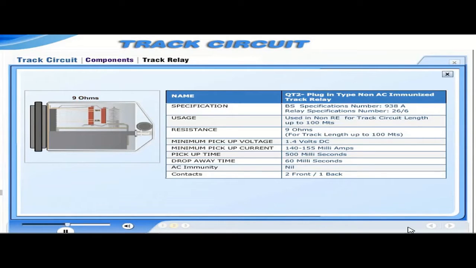Minimum pickup voltage is 1.4 volts DC. Minimum pickup current is 140 to 155 milliamperes. Pickup time is 500 milliseconds and drop away time is 60 milliseconds. AC immunity, nil. Contacts: 2 front or 1 back.